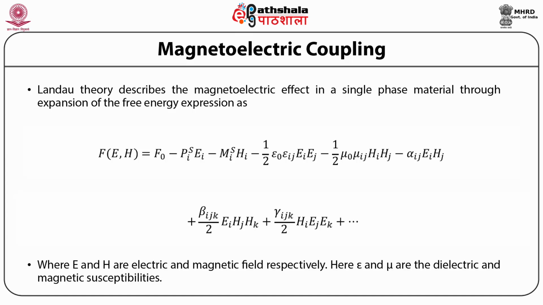where Ei is the ith component of E and Hi is the ith component of H, the electric and magnetic fields, while epsilon and mu are the dielectric and magnetic susceptibilities respectively.